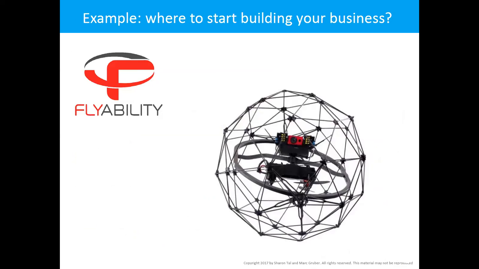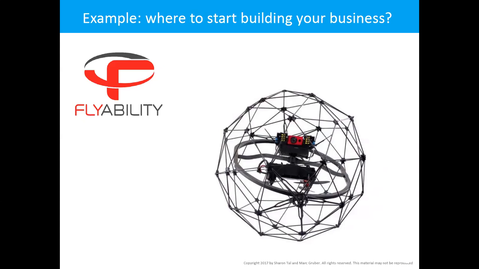Think about an example, a company called Flyability. It's a Swiss-based company that develops this drone that you see here on the screen. It's a drone with an advanced image system, but the unique thing about it is that it has a protective cage around it, and therefore it can fly in complex and confined spaces and next to people.